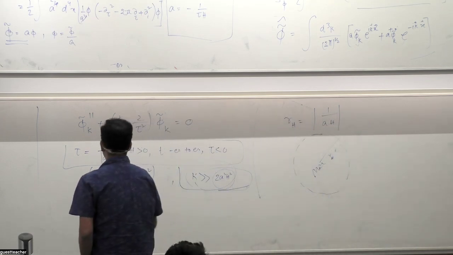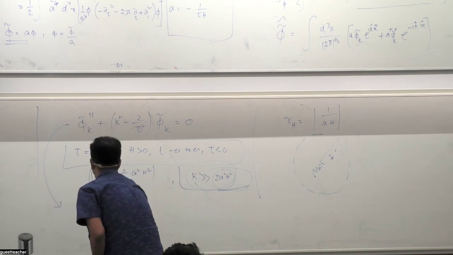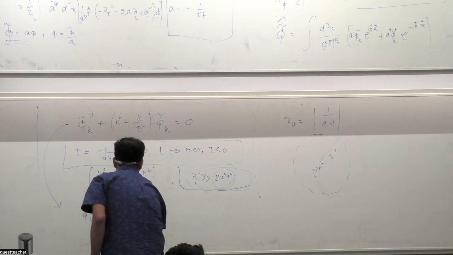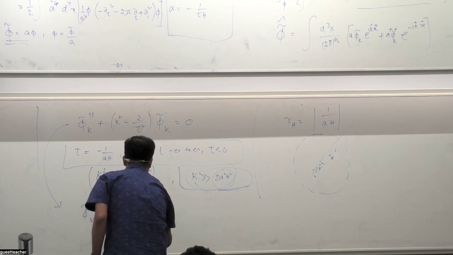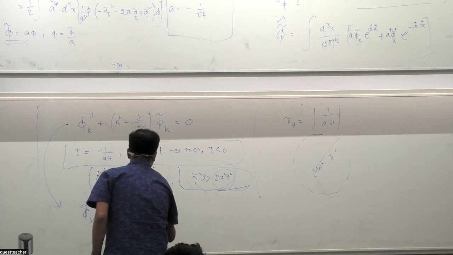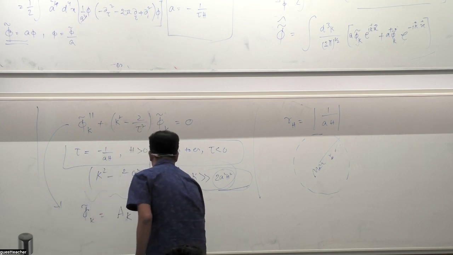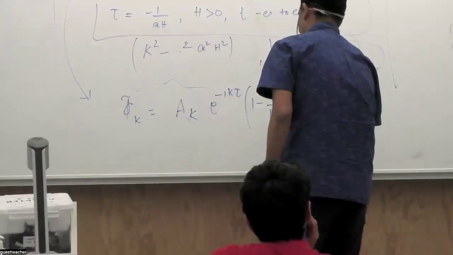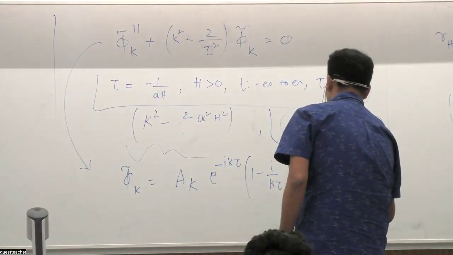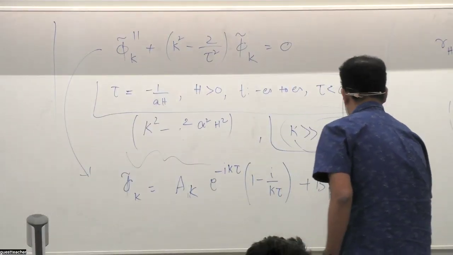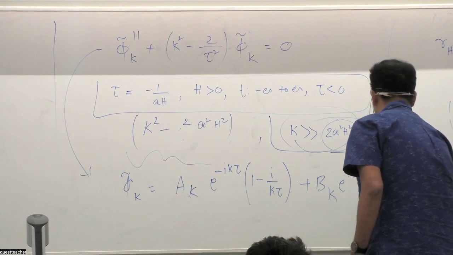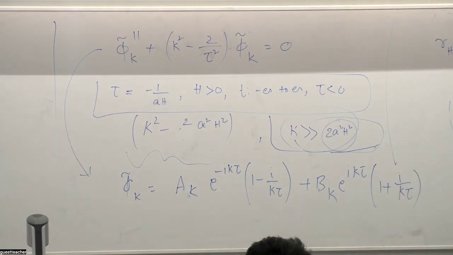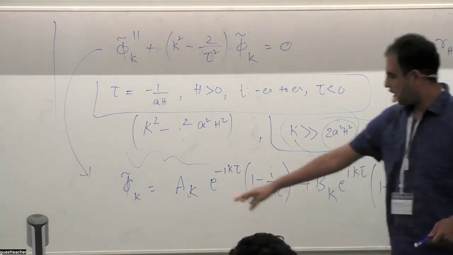So let's write the solution of this. Phi tilde k has two solutions, and there are arbitrary coefficients.